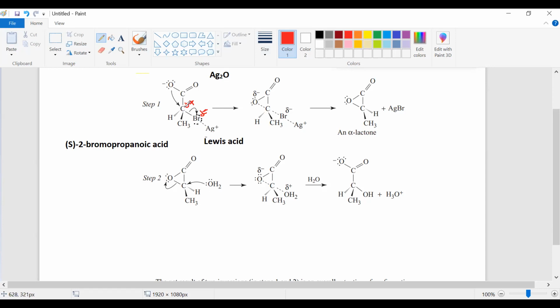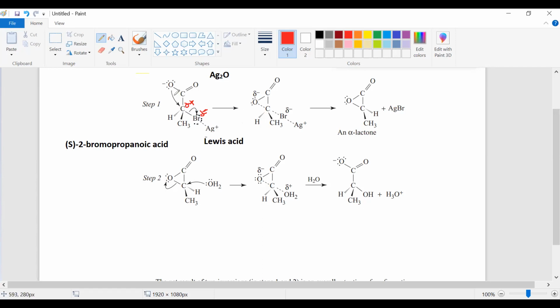to form like a cyclic bond here. And so you will have a partial bond breaking process here. In the carbon-bromine and bromine-Ag, you get a partial bromine-Ag bond. Okay, so its intermediate step will be like this one.